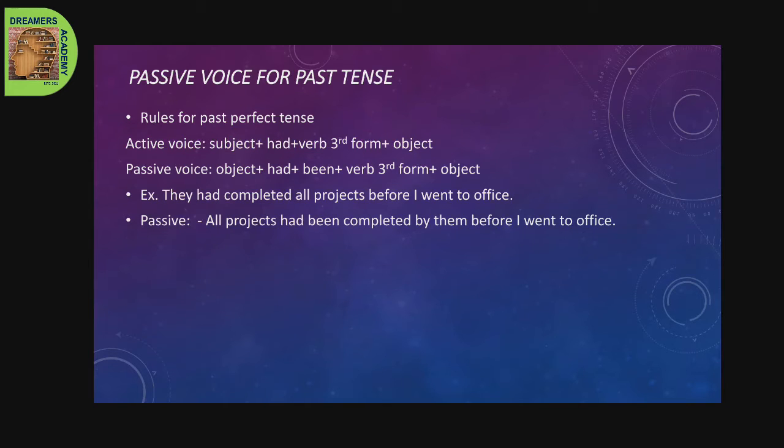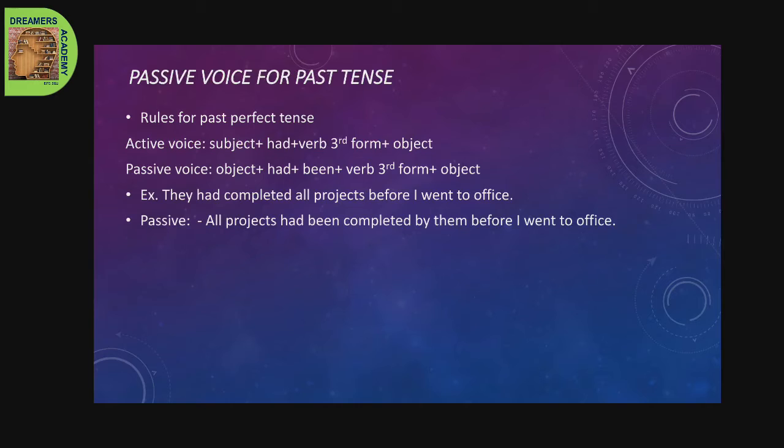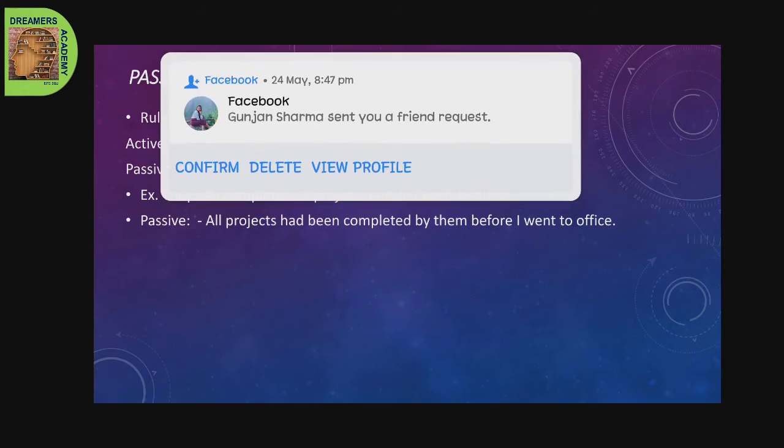For the verb plus ing, we use being in passive voice, and where there is has or have in active voice, that means in perfect tense or perfect continuous tense, for has or have, we should use has or have been or had been, B-E-E-N.